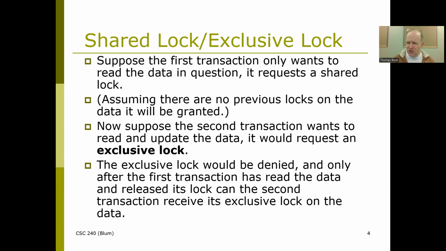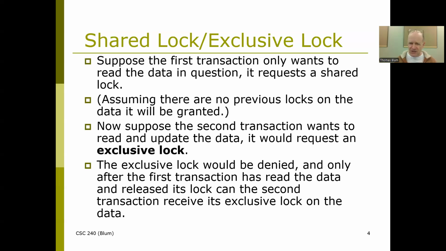If the first party wants to share, but the second party wants to be what we call exclusive, they want to read and write, to select and update, then they're not willing to share, so they will have to wait. So the first transaction came along and set the shared lock: I'm just going to read this data and I am willing to let other people read it as well.